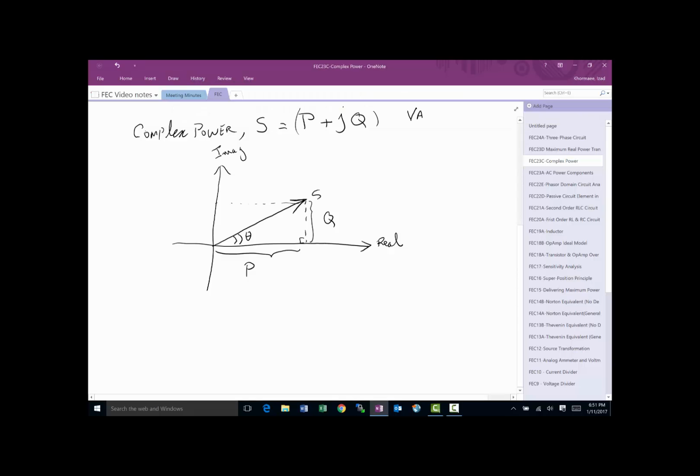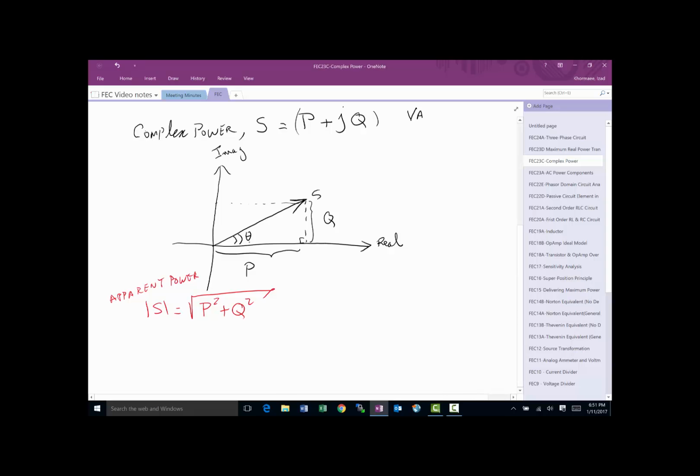The magnitude of this is referred to as the apparent power. The apparent power is the square root of P squared plus Q squared. And so now we know the apparent power.